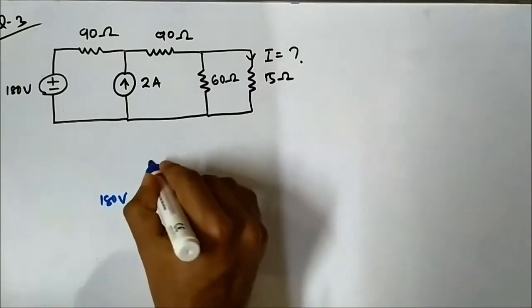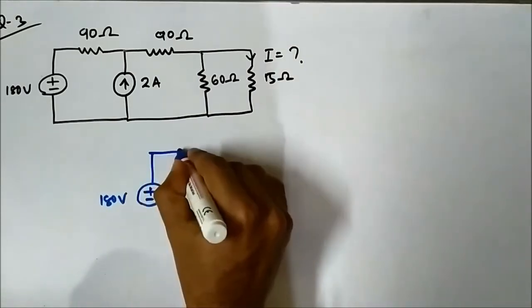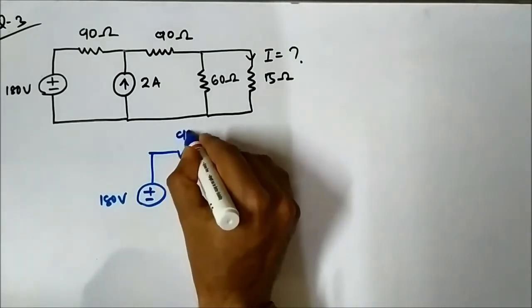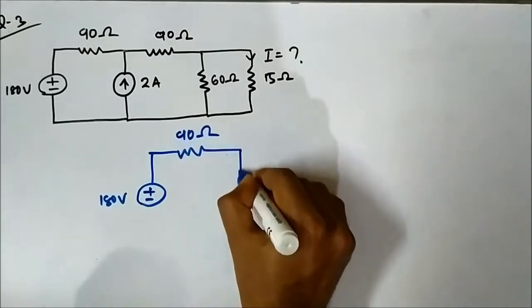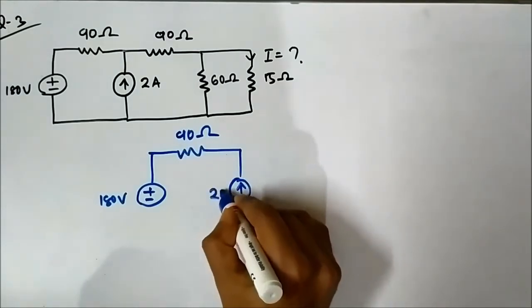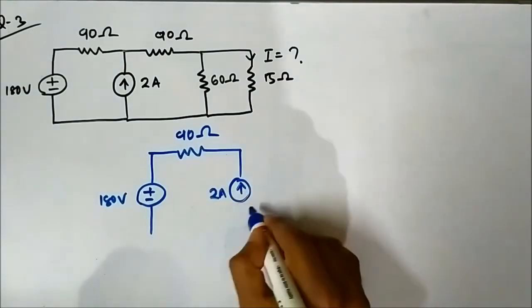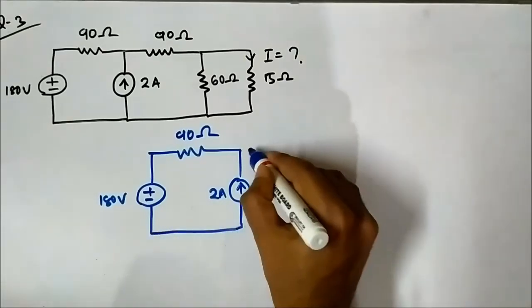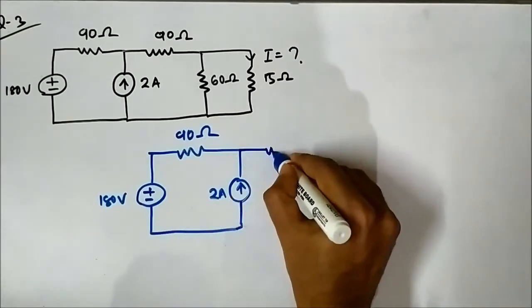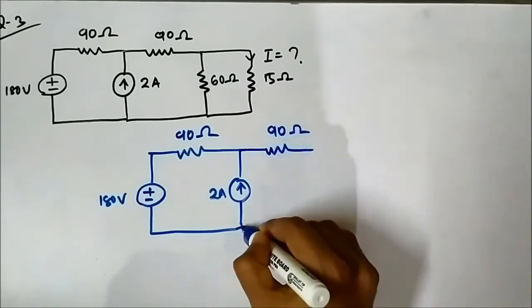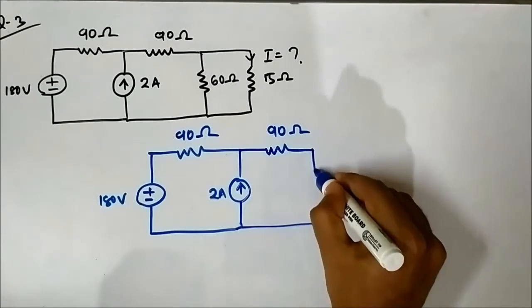180 volt, 90 ohm, 2 ampere, then 90 ohm and 60 ohm.